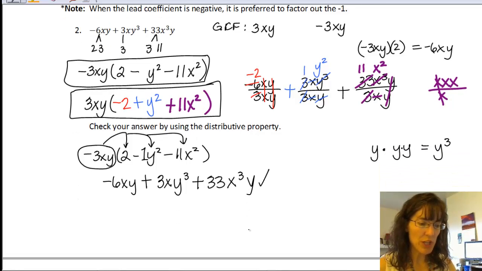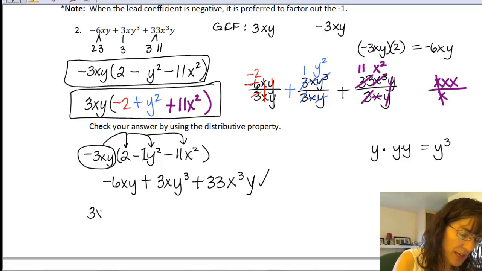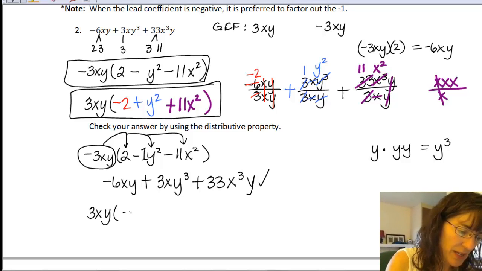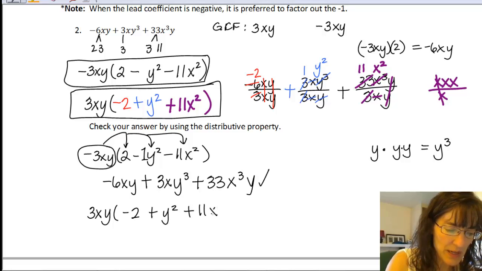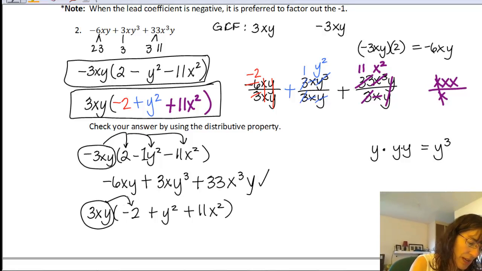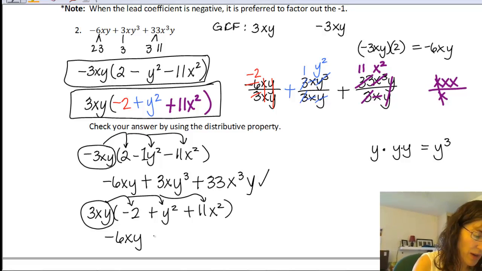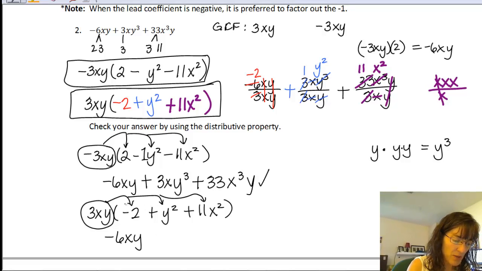And I want to do one more check, and that is of my second form, which didn't have the negative. So 3xy times negative 2 plus y squared plus 11x squared. And this time I'm distributing a 3xy inside, and here I end up 3xy times negative 2, so I'll have negative 6xy. Second pair multiplied 3 times an implied 1 here, so it'll be positive 3.